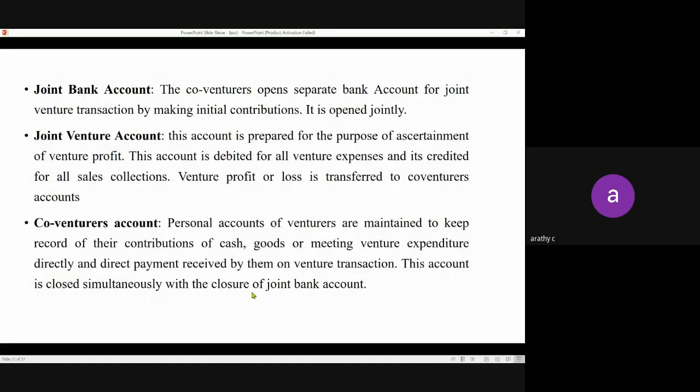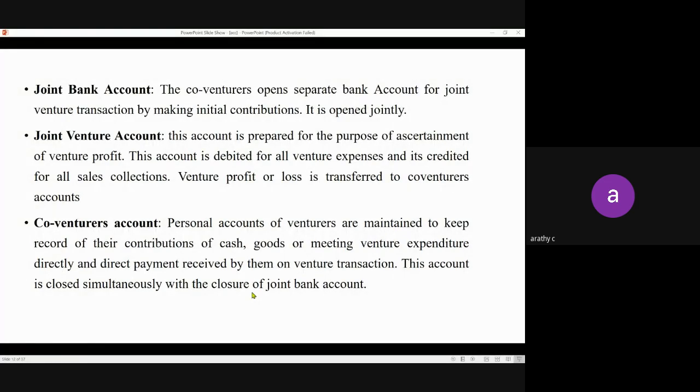So next is joint venture account. This account is prepared for the purpose of ascertainment of joint venture profit. So this account is used to know the profit of the joint venture. And here we debit all the expenses and credit all the incomes.